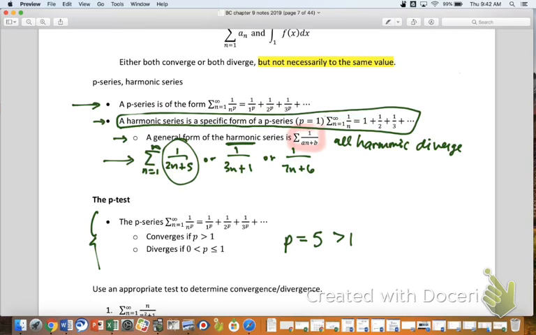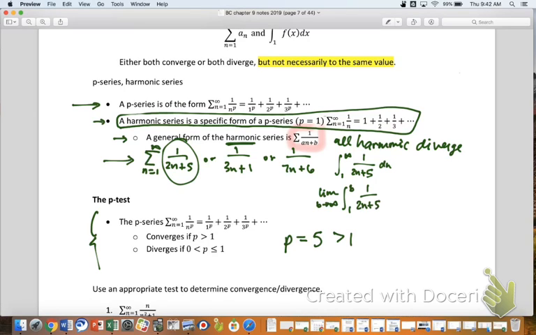So let me just give you an example of why harmonic series diverge. I'll just do that first one. Integral from 1 to infinity of 1 over 2n plus 5 dn. And maybe you'll see this pattern emerge here. I would go limit as b goes towards infinity, integral 1 to b, 1 over 2n plus 5.